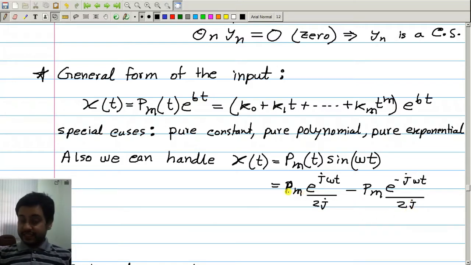And the system that we are considering is linear, we have seen that. Therefore, if we can calculate the output for this part and for this part, then using the principle of superposition, we will be able to calculate the output for this sinusoid multiplied by polynomial input as well.